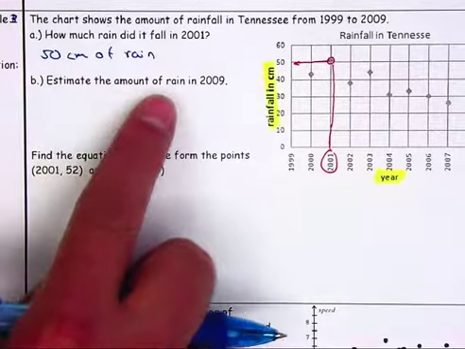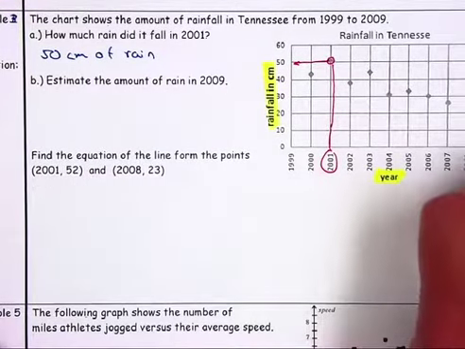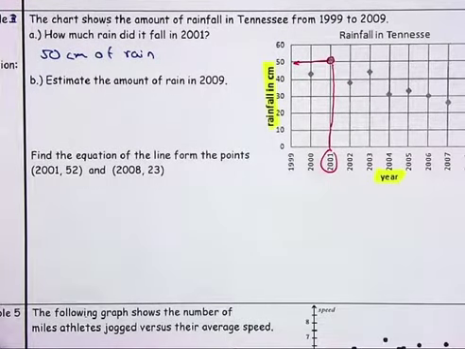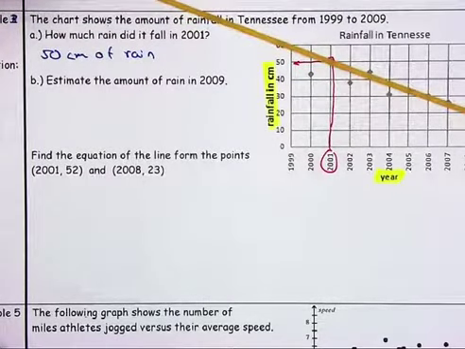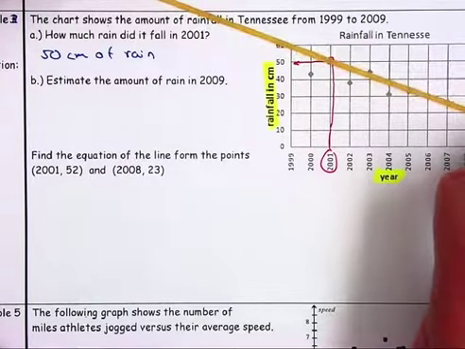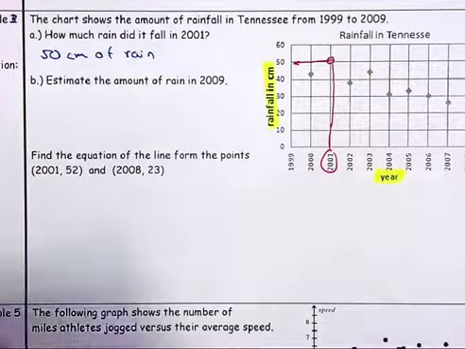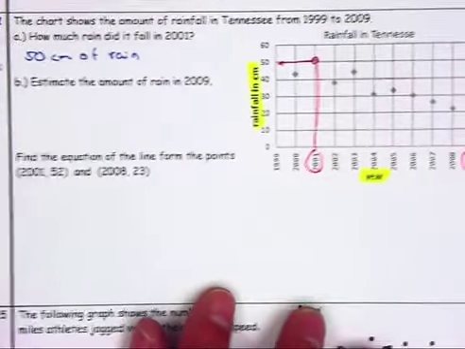Estimate the amount of rain in 2009. So notice that in 2009, we don't have a data point, but we can estimate if we can visualize a line. So anywhere around here, if you want to place it up here is fine, if you place it down there is fine. We are estimating. So in this case, for our purposes, I'm going to place it right here, over on the left.